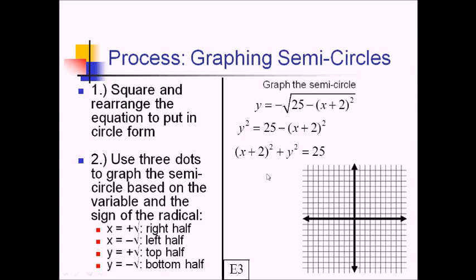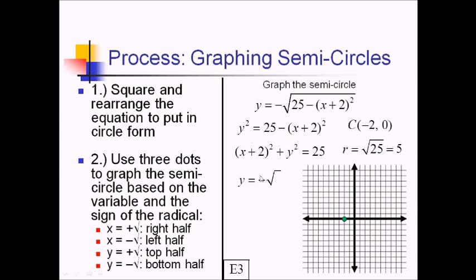So let's go through now, get our center, our radius, and then we'll figure out which part of this semicircle we're graphing. For the center, we've got -2, 0, which we'll put on our graph. For the radius, that's the square root of 25, which is 5. And now which half are we graphing? The original equation had y equals a negative radical.